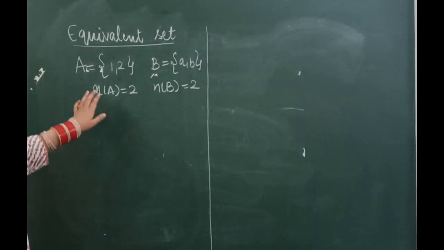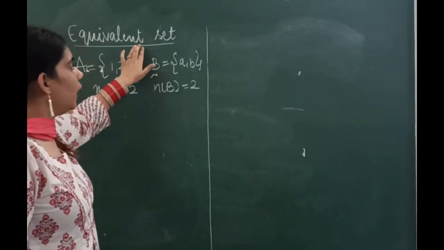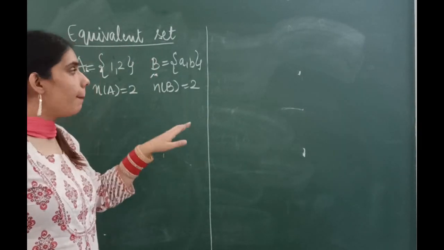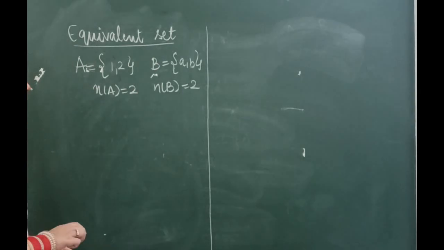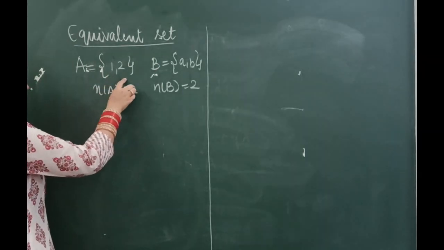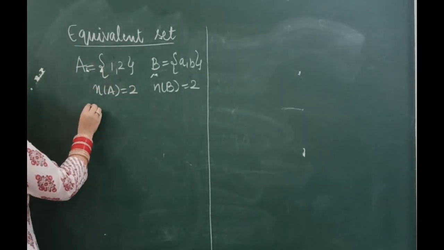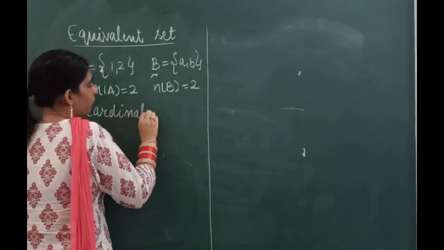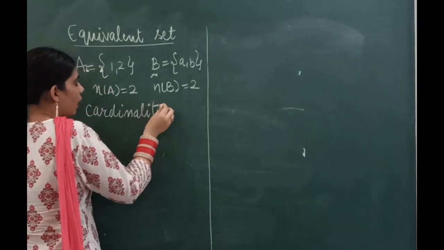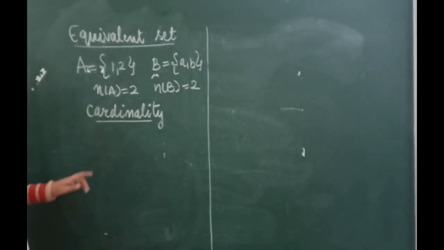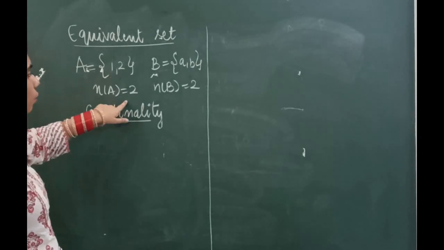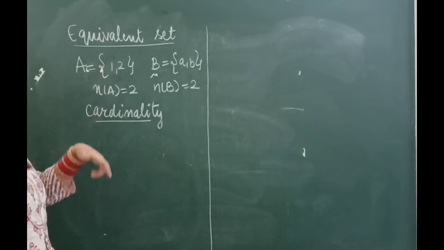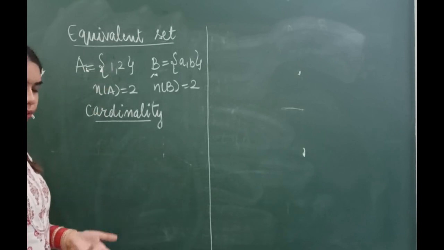So we can say that sets A and B are equivalent sets. Sets A and B are not equal, but they are equivalent sets. Students, when we talk about the number of elements in a set, we also call it cardinality. I can say that the cardinality of set A is 2, or I can say the number of elements in set A is 2. It's one and the same thing.